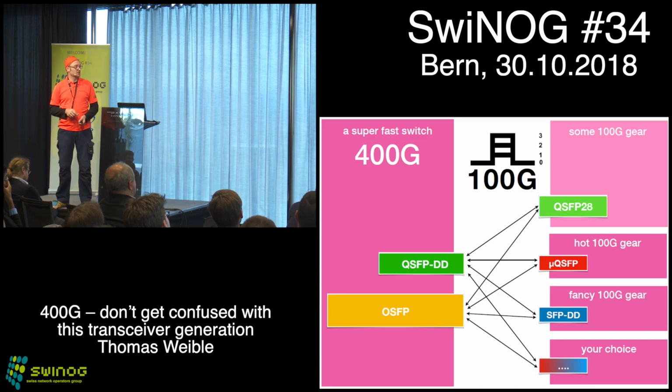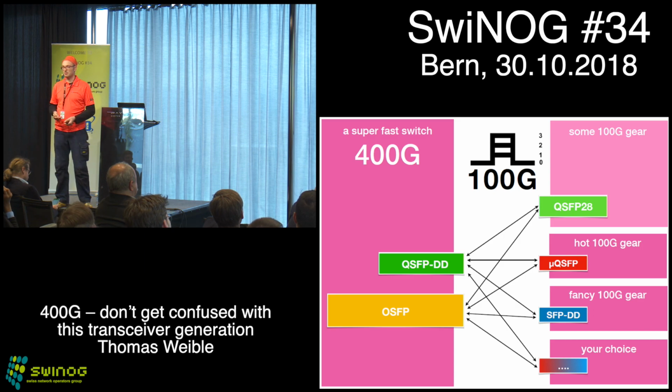This implies that there will be new QSFP-28s coming out on the market running 100 gigabit on one single lambda. That's pretty nice. And when we shrink down the form factors, there will also be new form factors introduced, the µQSFP and also an SFP-DD, again for double density.